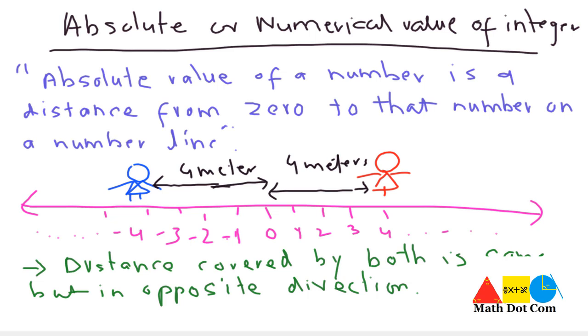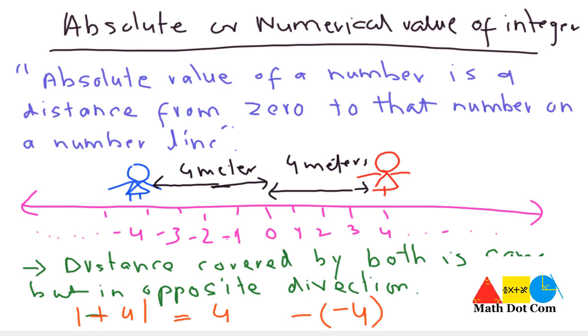So we can write it as: the distance of red is plus 4, equals 4 meters, and the distance of blue, the direction is opposite, and this is the value of -4.